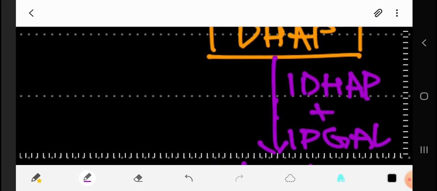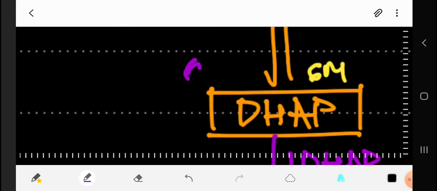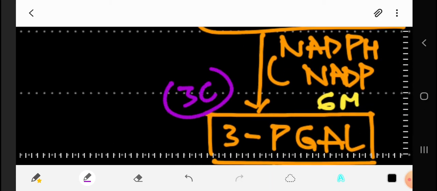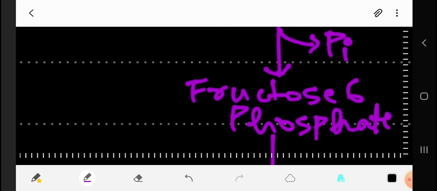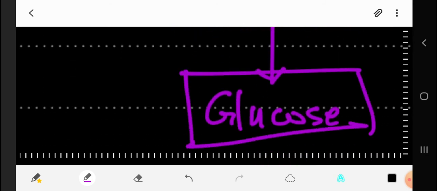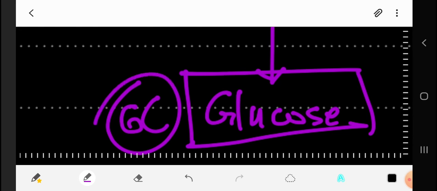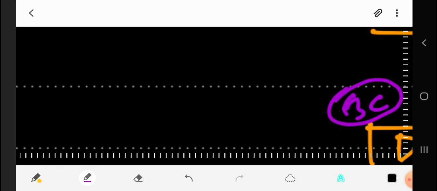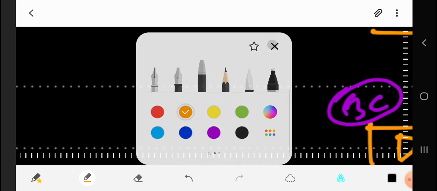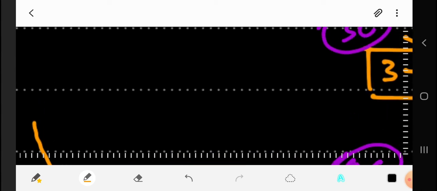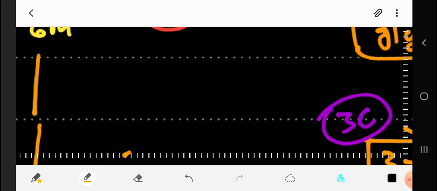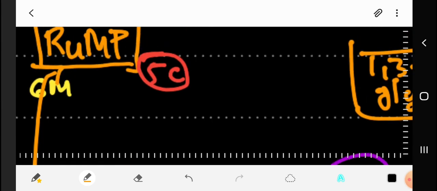This fructose 6 phosphate finally gets converted to glucose. Now I've told you this is a 3 carbon compound, and this also will be a 3 carbon compound. So 3 plus 3, we finally get our glucose to be 6 carbon, and we all know glucose is a 6 carbon molecule. So finally we got glucose. Now from here there's something else that happens: this finally again gets converted to RUMP.